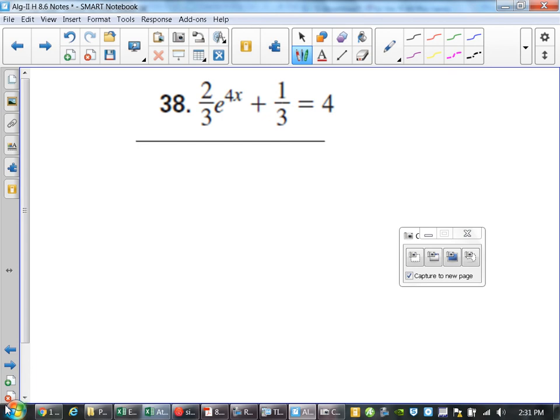Let's work with E. Where do you go right away to make your life easier? Multiply everything by 3. Smart.